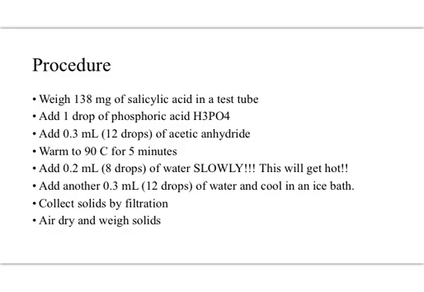There is excess acetic anhydride that's going to react with the water to give 2 equivalents of acetic acid. So this is just the hydrolysis of any excess reagent that we have in here. We have to do it slow, right? After we add that 0.2 milliliters, we're going to follow that up with another 0.3 milliliters of water, and we're going to cool that in the ice bath.